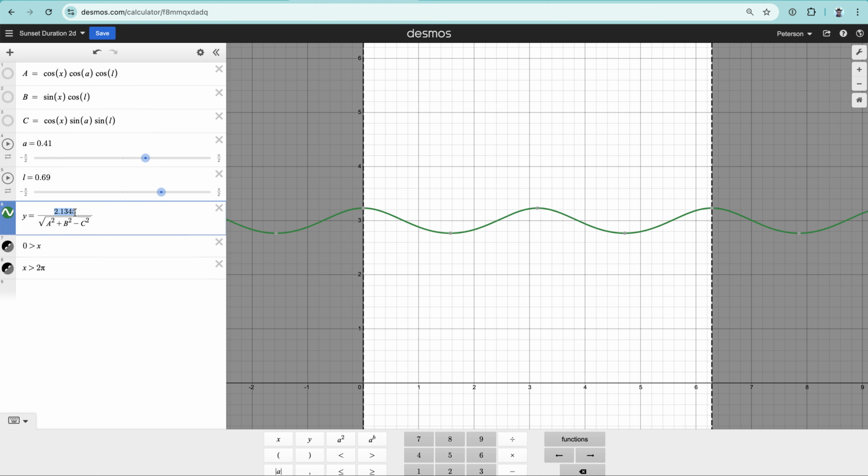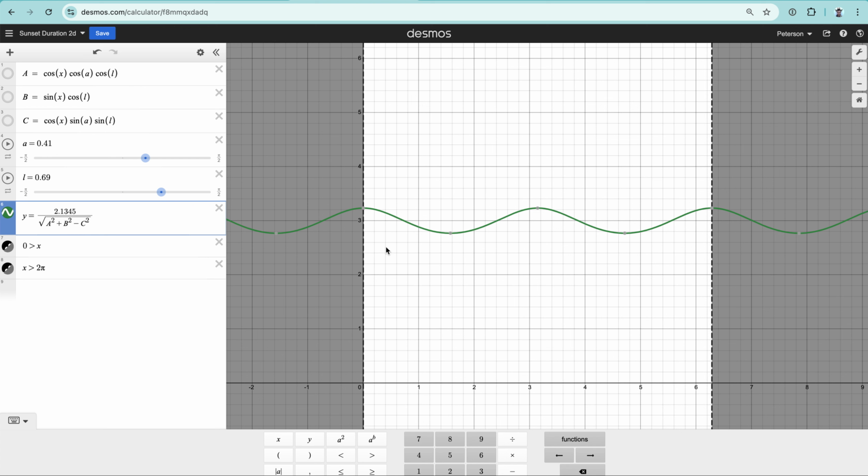And just to make it in minutes, I multiplied by what we computed as the duration of the sunrise or sunset on the equator in minutes. So that's this number. And so y should be the sunrise, sunset duration as a function of time of year.